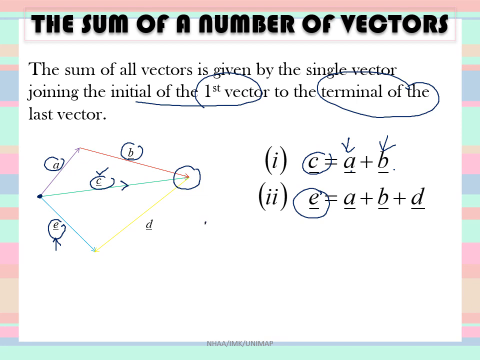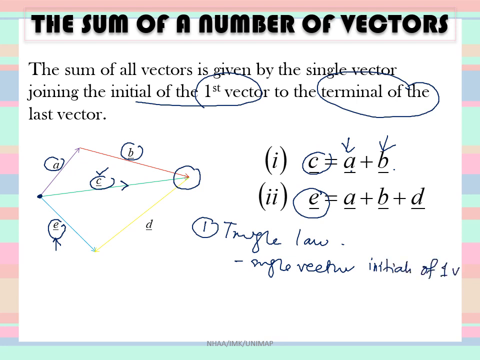If you choose to apply the first law, which is the triangle law, the resulting vector is always the single vector that connects the initial of the first vector to the terminal of the last vector.